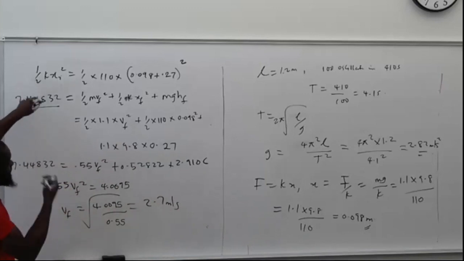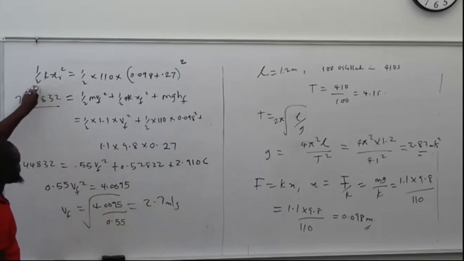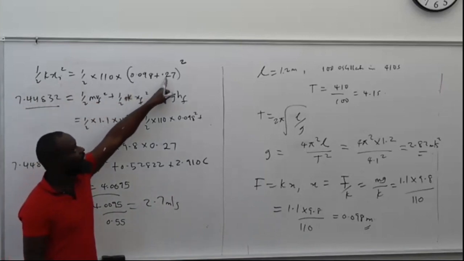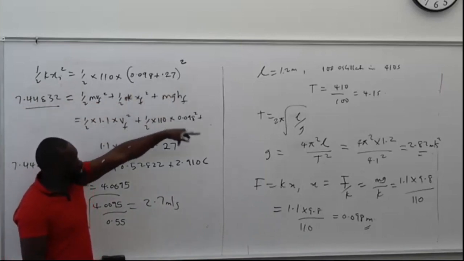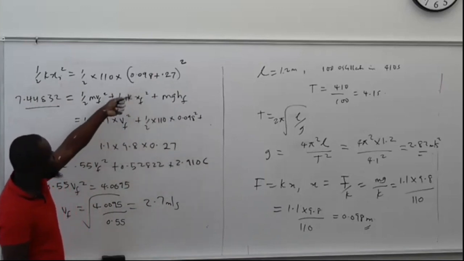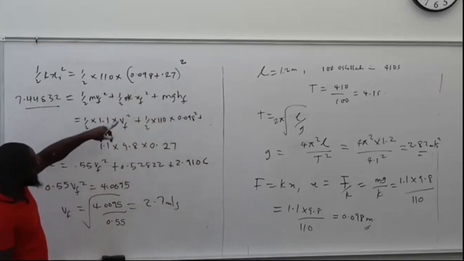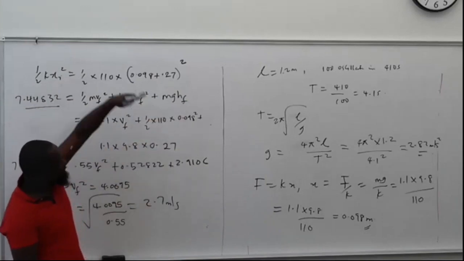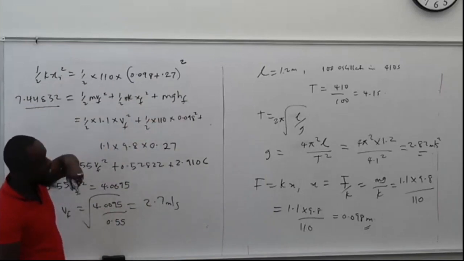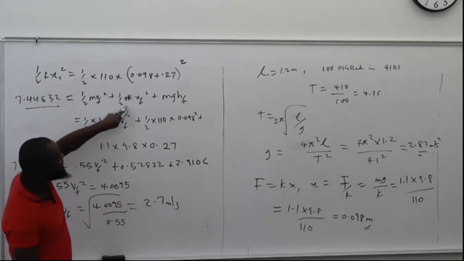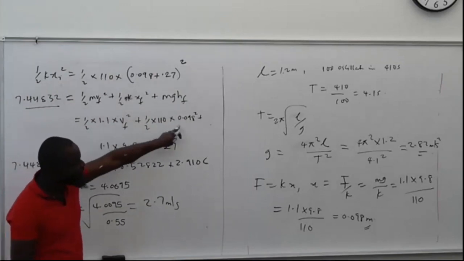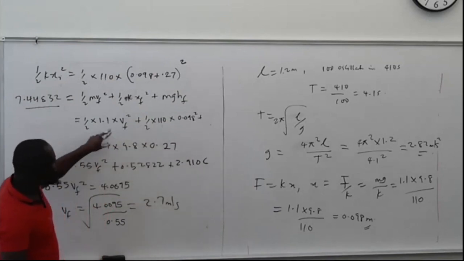So take a quick look. I got the initial elastic potential energy when it's released. That's the only thing that's there initially, half kx squared, with the additional 0.27 meters added to the initial extension we got before, 0.098. And then when it passes that point, you have mgh, having covered 0.27 meters back to where it started, half kx final squared, where x final is the extension at that point, and then half m v final squared.